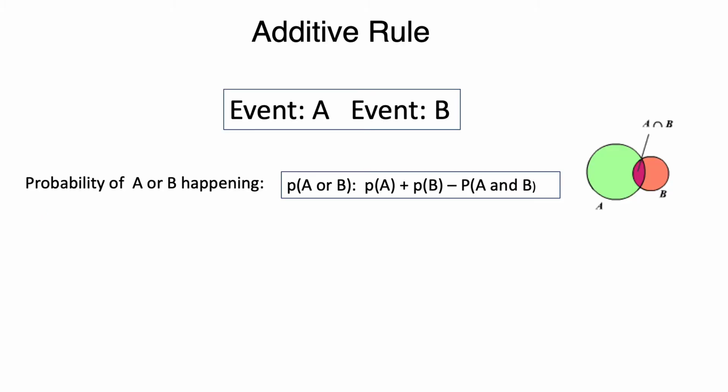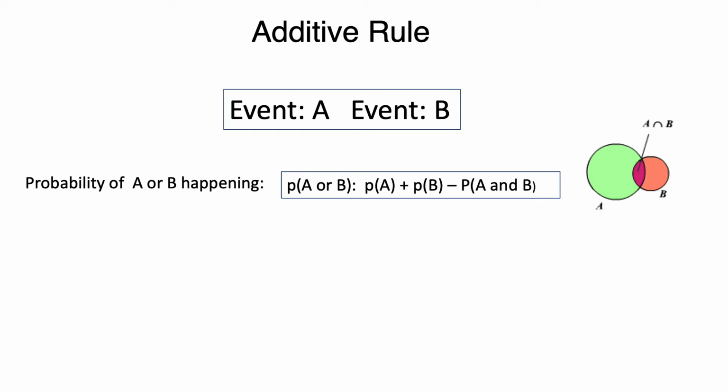The other rule is additive rule. Again, if you have event A and B and they are independent of each other, that means they can happen at the same time independently, the probability of having A or B is equal to probability A plus probability B minus probability A and B. Why we subtract?